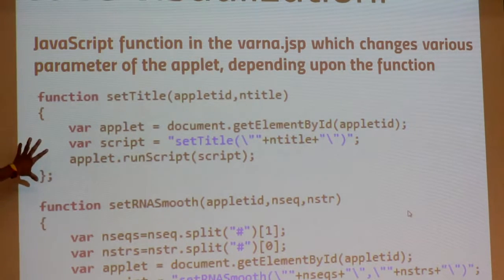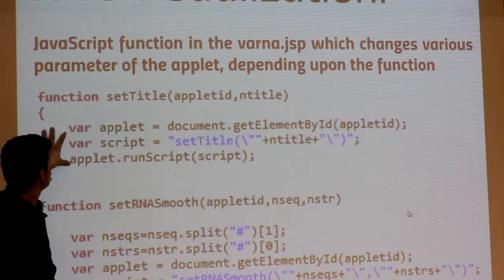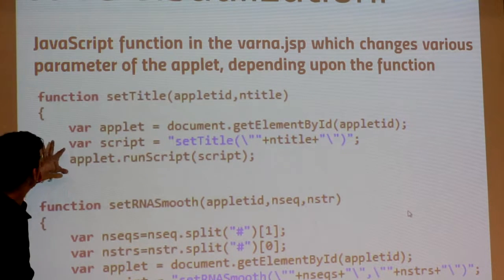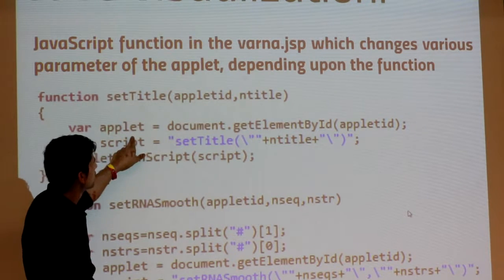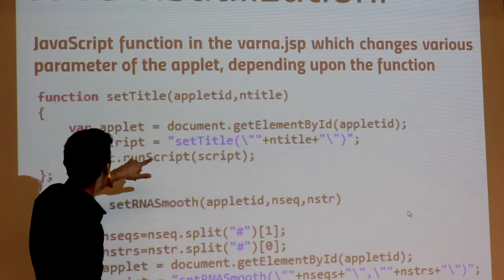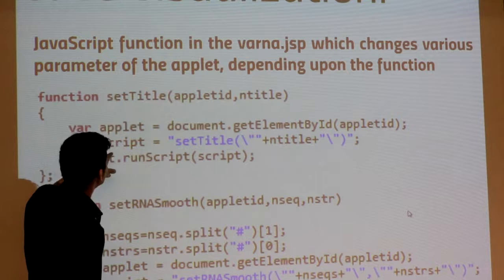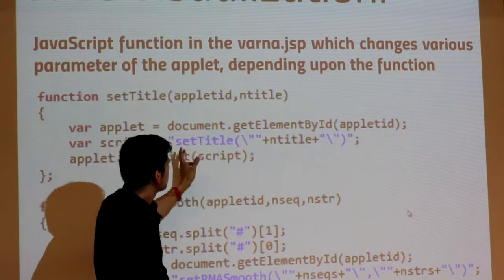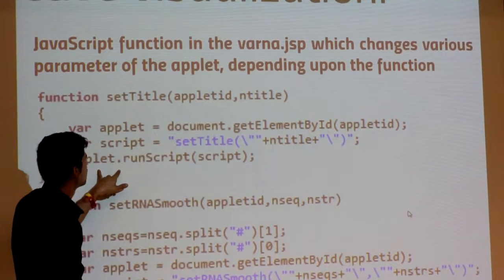Maybe not here, because this is just the structure of the function. I'm calling the function down below. I will get to it in a second. Let me explain how this function works. First, it creates two variables here, and it gets the ID of the applet from here. Then it creates a script, because this is what is going to make the changes inside VARNA later.